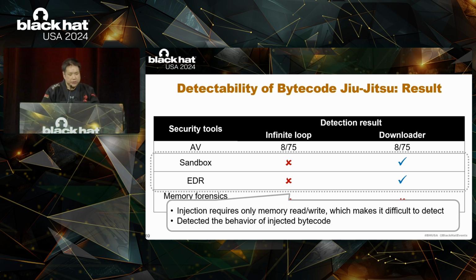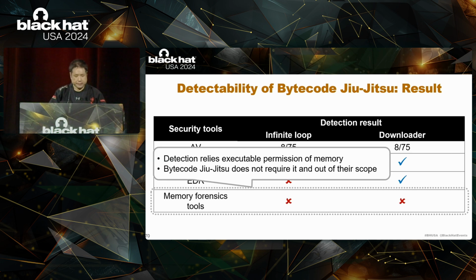On the other hand, they could detect malicious behavior of injected bytecode based on what they do. And existing memory forensics tools that detect code injection target native code by focusing on memory executable permission. Therefore, detecting Bytecode Jiu-Jitsu, which injects bytecode that does not require executable permission, is out of their scope, and therefore they could not detect it.